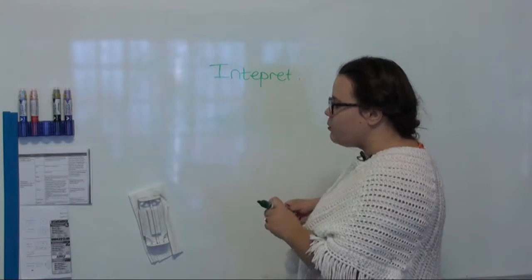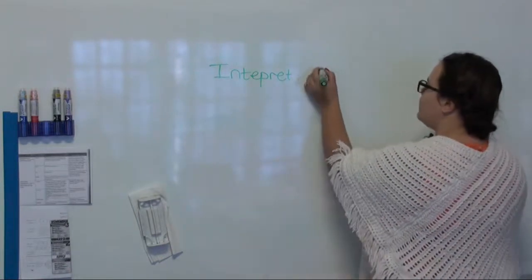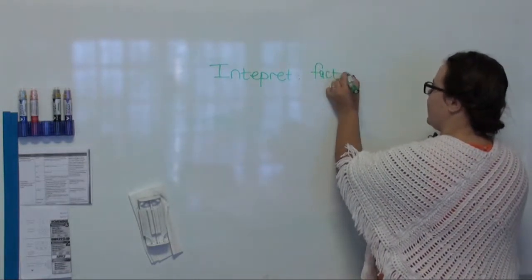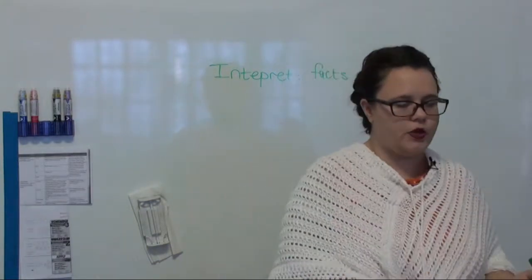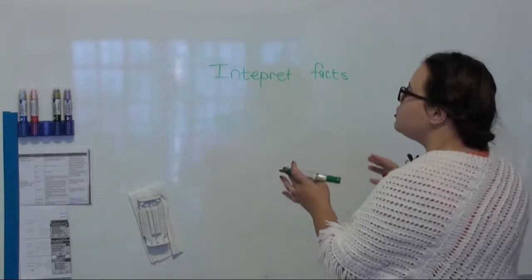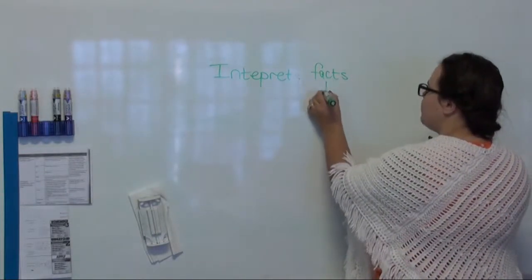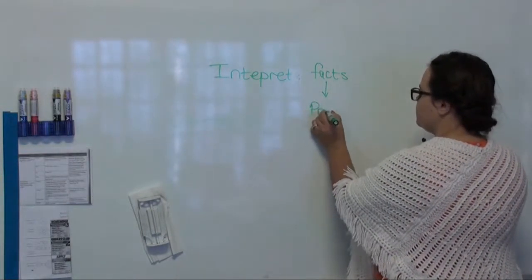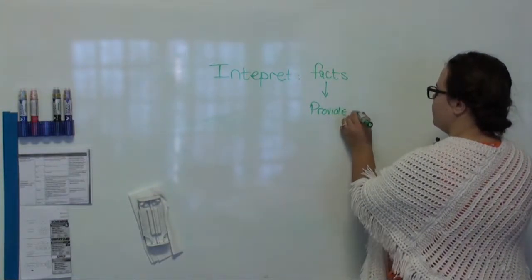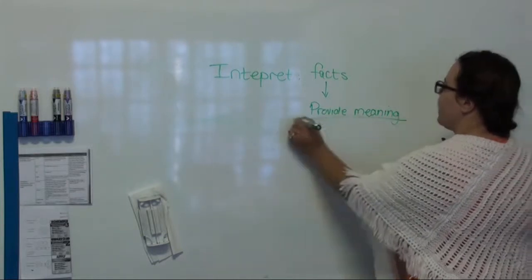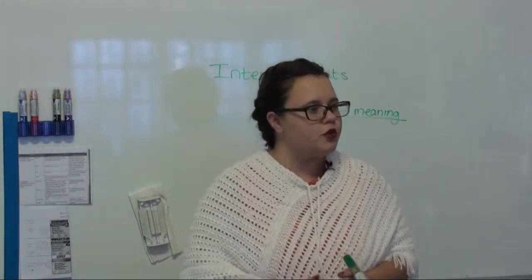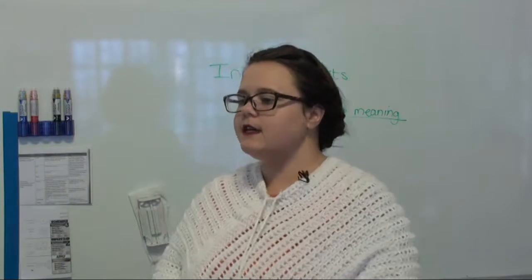So what that would mean is you are given a set of facts, okay? So a bar graph, a pie chart, okay? And you are asked to provide meaning from those facts. This is where you'd have to understand what you're working with. So let's take a scenario.